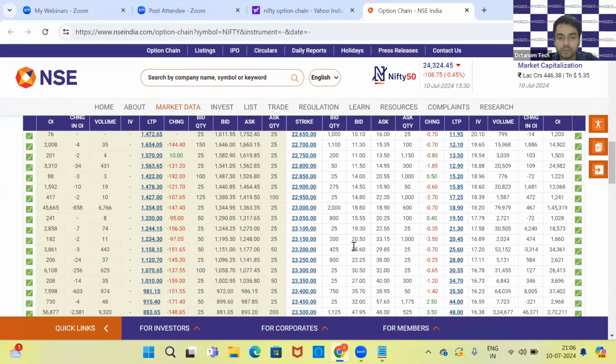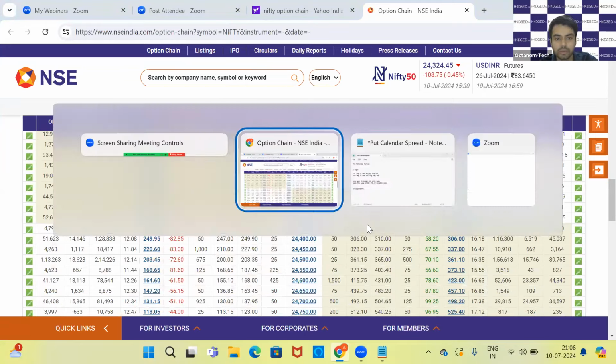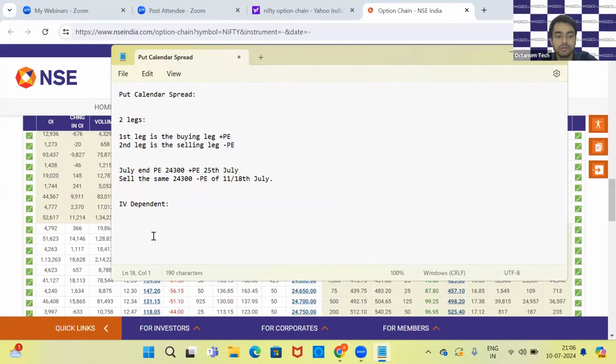So 25th July, 24,300 PE is at 260. Now, basically, a put calendar is when you have a slightly sideways view. Now it depends on where you are taking the trade, I mean, which strikes you are selecting.